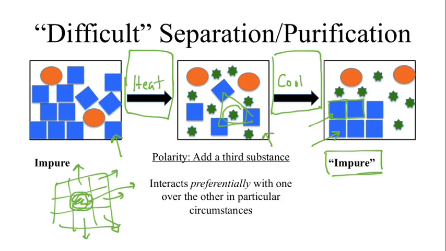So what we want to do is let this process happen very, very slowly. And the hope is that we can get our purified product at the end. Okay, and in theory, our impurities would stay dissolved in our solvent. Okay, and we'll talk about a few issues with that in a second.